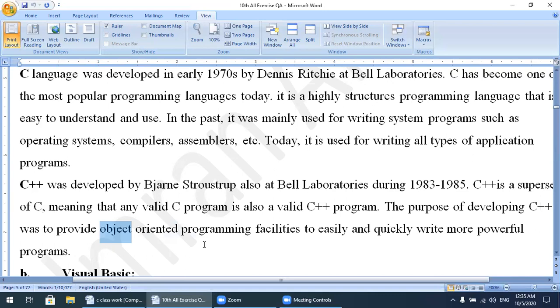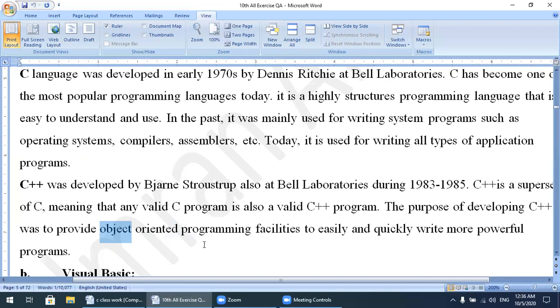Let me give you another example: cycle, motorcycle, car, truck, they are objects and they belong to a class. What will be the name of their class? Their class will be vehicle.